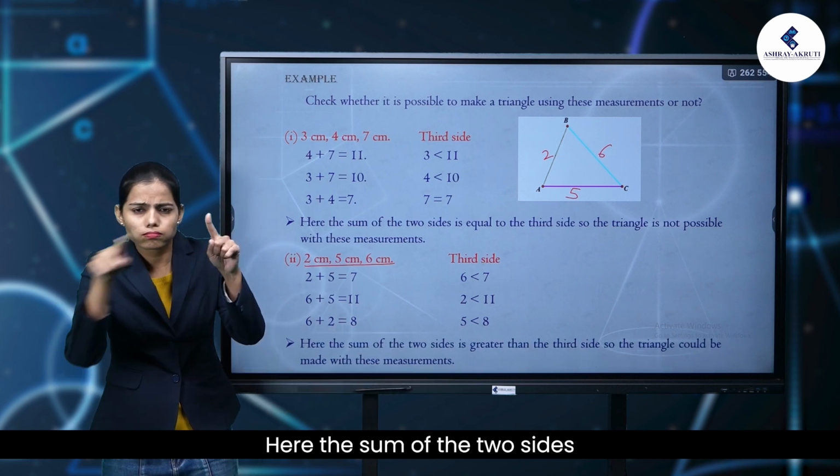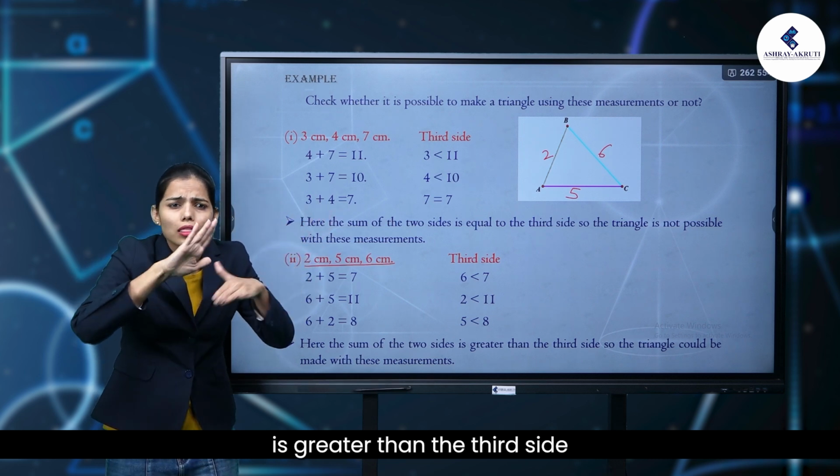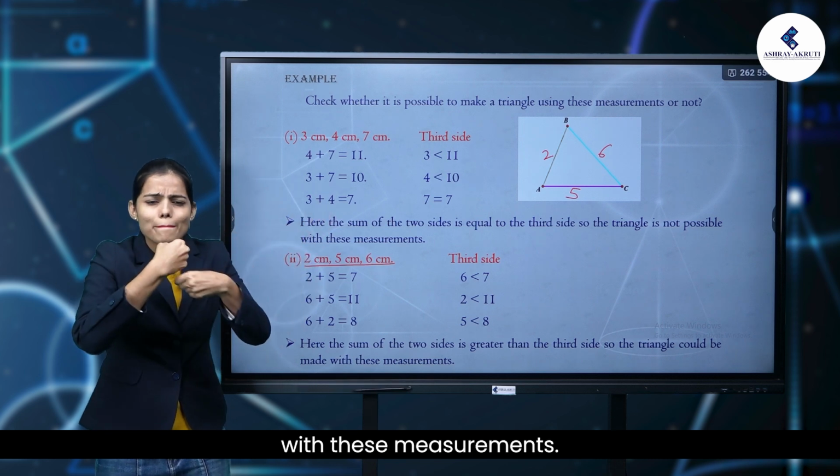Here, the sum of the two sides is greater than the third side. So, the triangle could be made with these measurements.